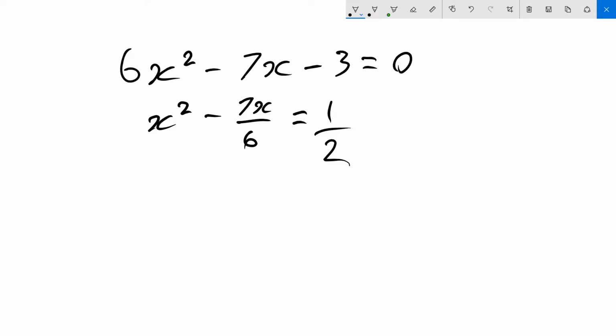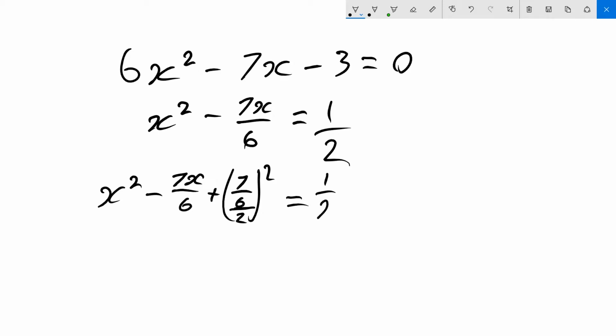Half of the b value, so let's write out 7x over 6 plus, so we want 7 over 6 over 2. And then we have to square all that.